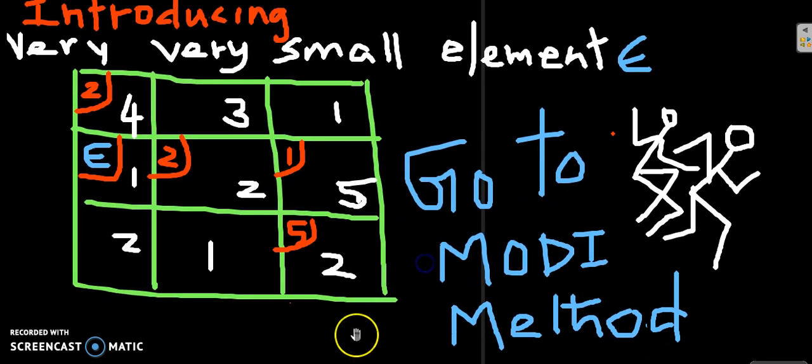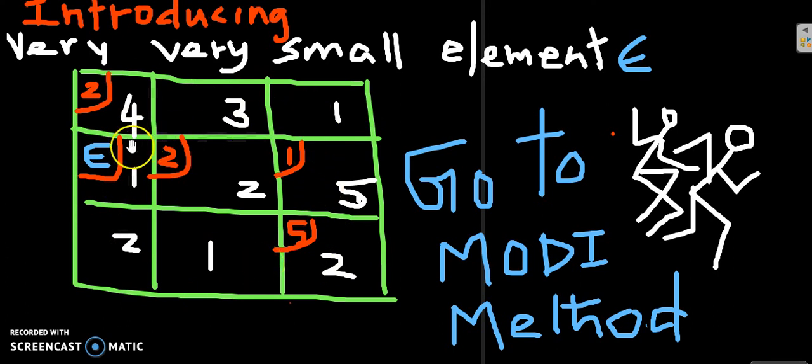So this is the way we can transform the degenerate problem into a non-degenerate problem. We just assign a very minute variable at the least transportation cost cell in the given matrix.